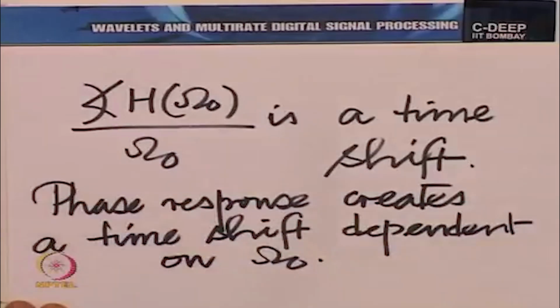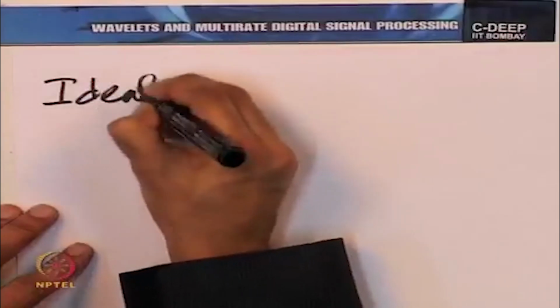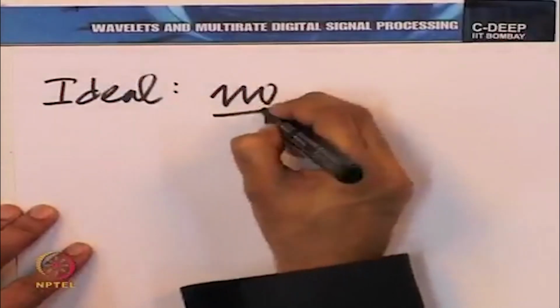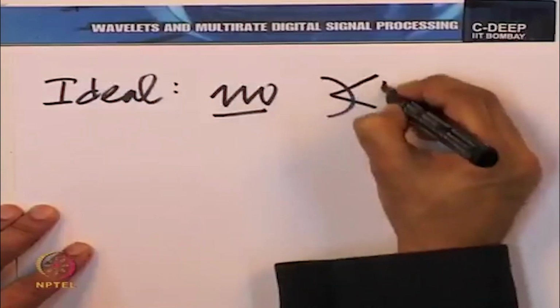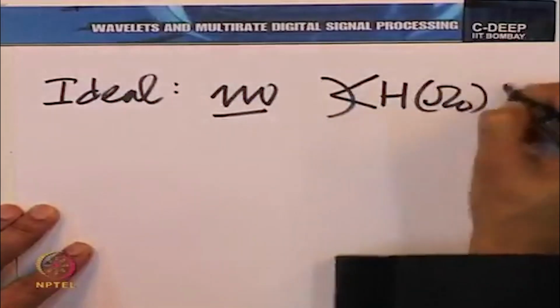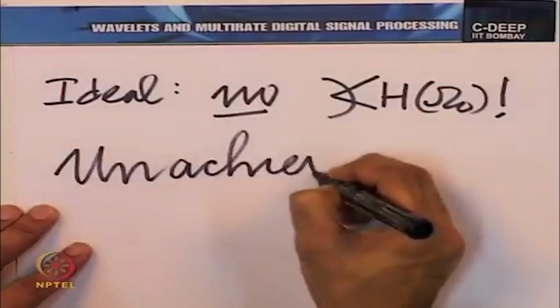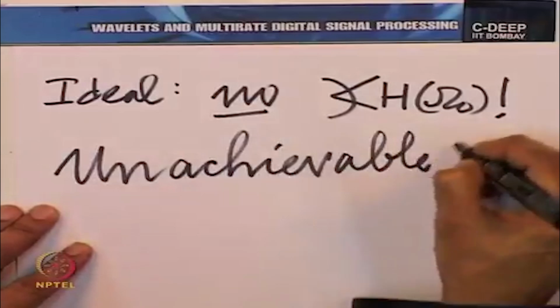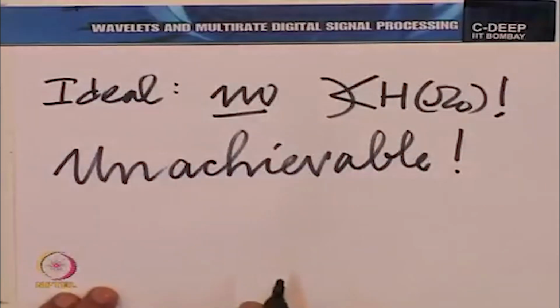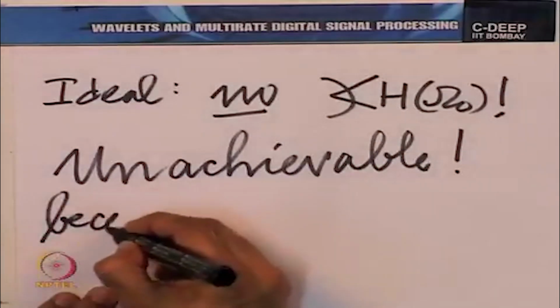What is a good situation to have? An ideal situation is no phase response. This is unachievable. In fact, it is unachievable because of causality.